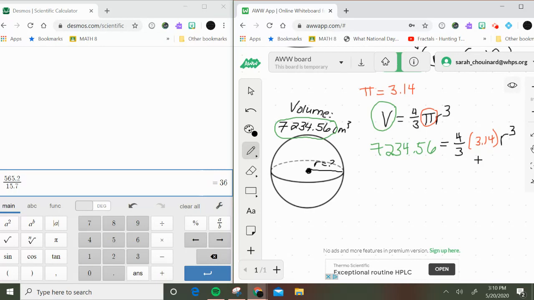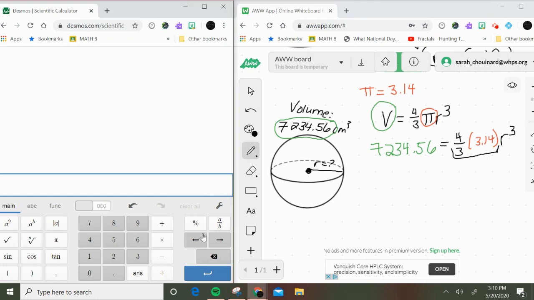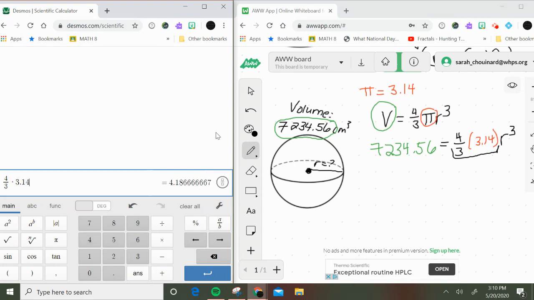So again, we're going to multiply the numbers that are next to the r together. So 4/3 times 3.14, we'll round to the nearest hundredth, is 4.19. So we get 7,234.56 is equal to 4.19 times the radius cubed.